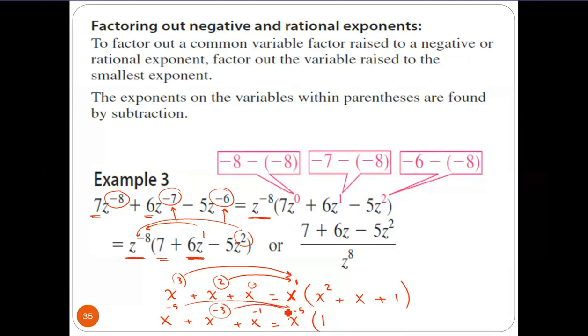Negative 3 minus negative 5، لاحظ negative بتصير positive يعني minus 3 plus 5، شو بصير؟ بدنا x square. وهنا نفس الشيء negative 1 minus negative 5 equals 4, so we have x to the power 4 like this. Okay. Any question?